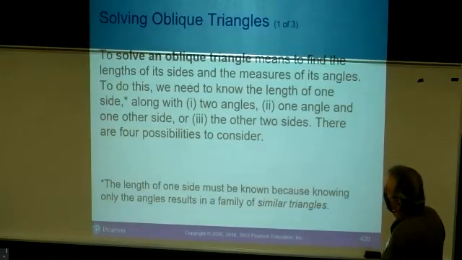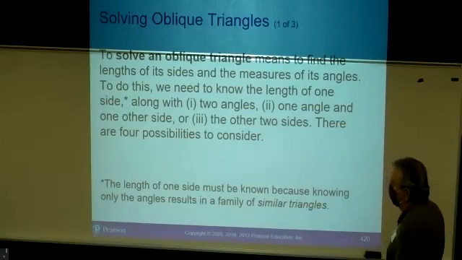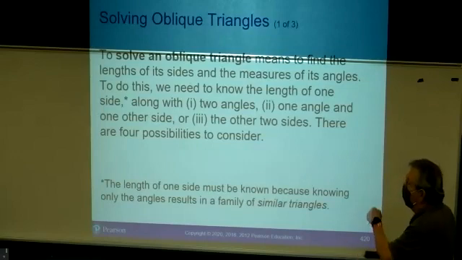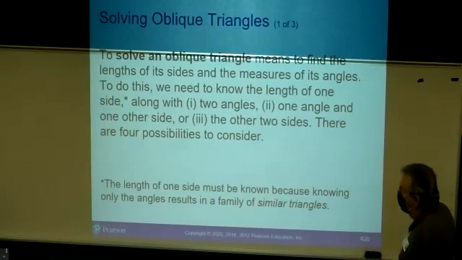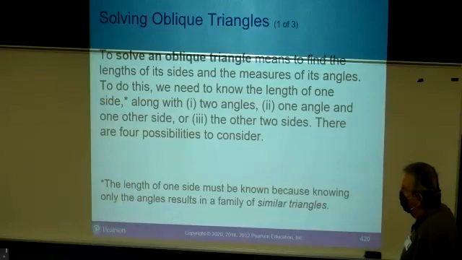To solve an oblique triangle means you find the lengths of its sides and the measures of its angles. To do this, we need to know the length of one side along with two angles, or one angle and one other side, or the two other sides. There are four possibilities to consider.